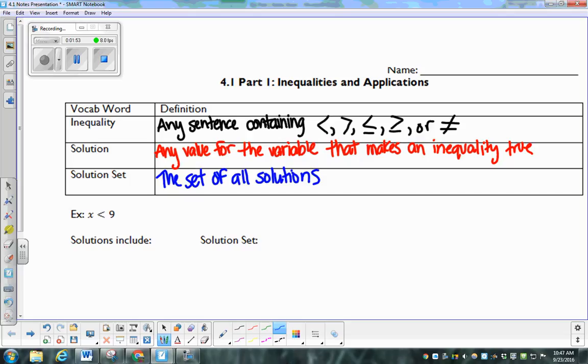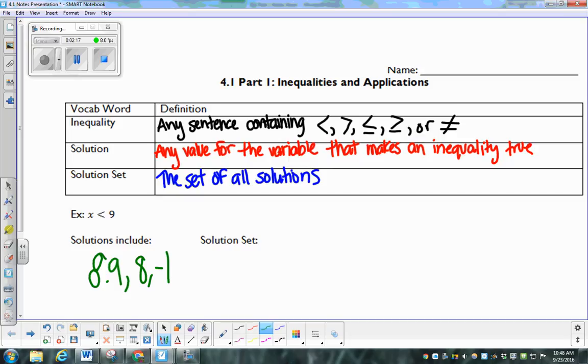So for example, a really simple one here, x is less than 9. That's what this one says. You guys can remember kind of that the alligator's eating the smaller one, so x is smaller here. So some of the solutions to this, you cannot write them all. There's infinite solutions to this. But some of the solutions include 8.9, 8, -1.